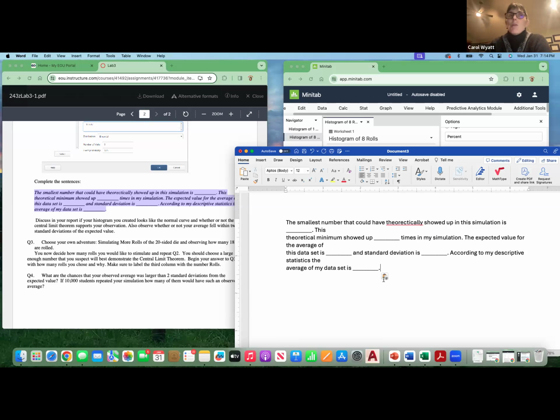The expected value for the average of the set. So this is a binomial distribution. If you remember from last term, from our binomials, the average is n times p. So our sample size was 8. We expected it 0.05 of the time, or 5% of the time. So 0.05 times 8 is 0.4.